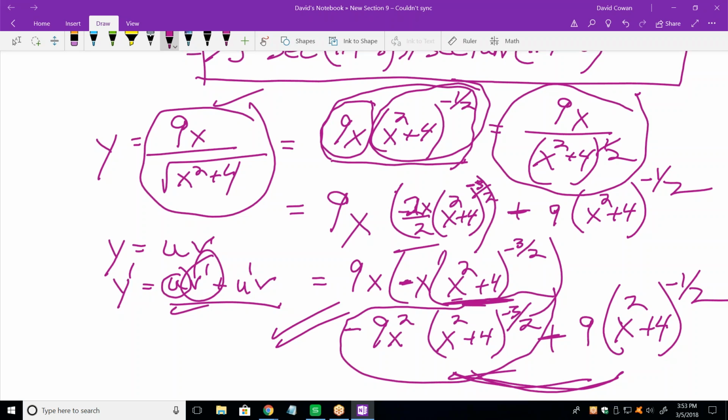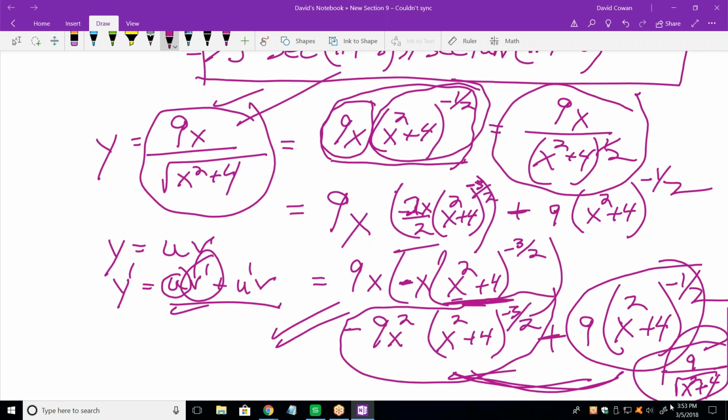This part over here, I could have written as 9 over the square root of x squared plus 4. Some teachers might require that because they gave you the function in radical form, so they may want their answer in radical form. I just don't know.